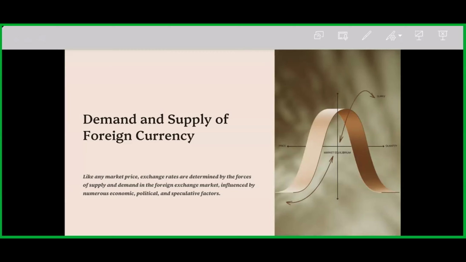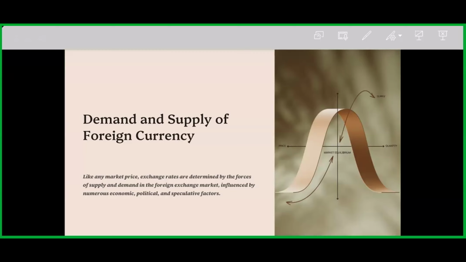For example, the demand for the US dollar and the supply of the US dollar in the international market decide the exchange rate of the US dollar with respect to different currencies. This is how value is given to each and every currency. Like any market price, exchange rates are determined by the forces of demand and supply in the foreign exchange markets, influenced by numerous economic, political, and speculative factors.